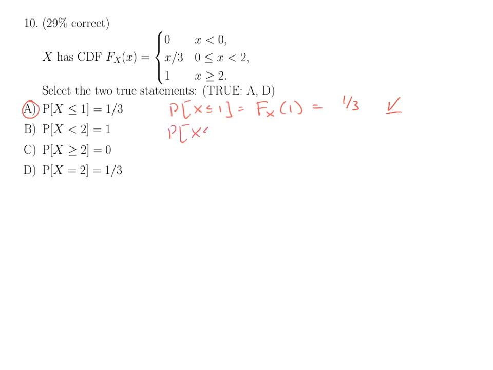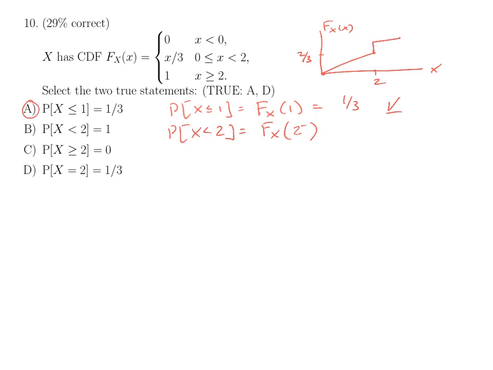The probability x is less than 2 is the CDF at x, but at 2 minus, because if you plot this CDF, what we have is this jump at 2, where we jump from 2/3 up to 1.